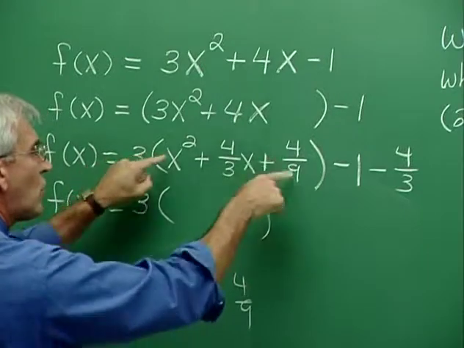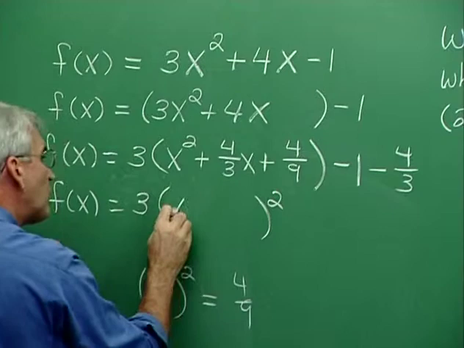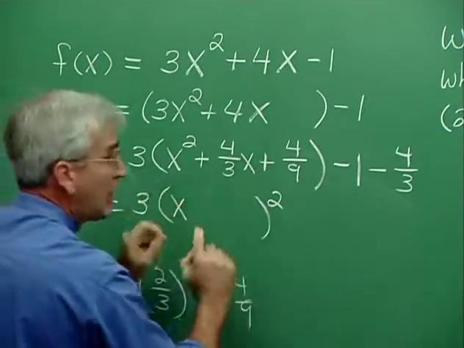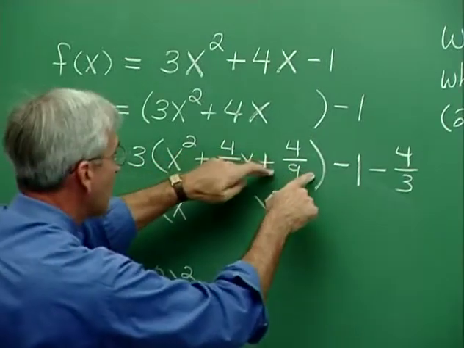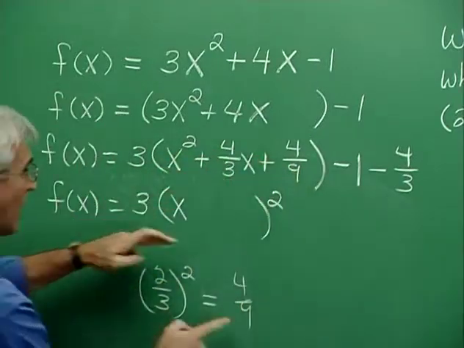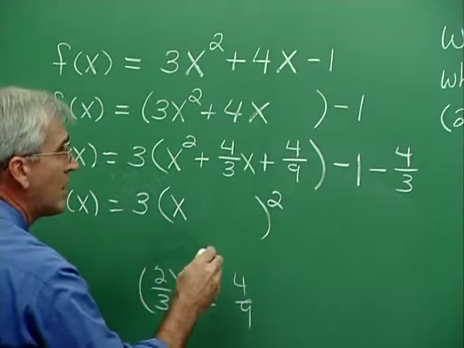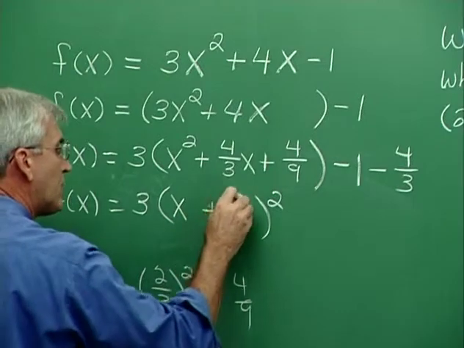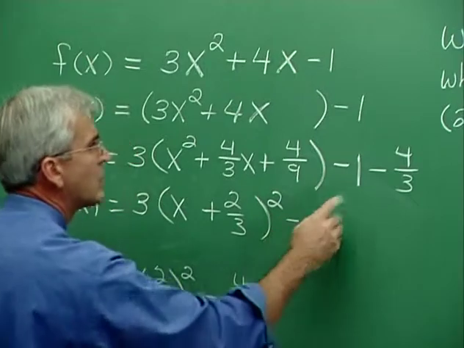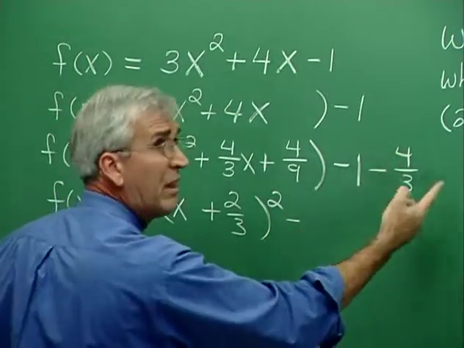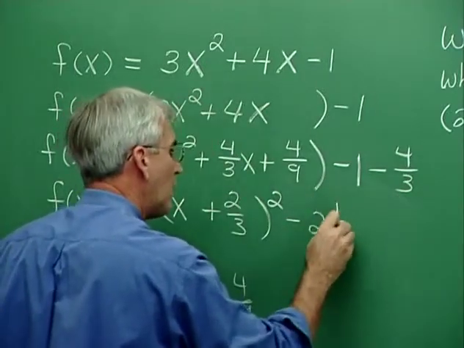And when you factor a trinomial square, you get the item that is squared to give the first term, and as the second term, you get the item that's squared to give that. Well, what was squared to get this? It was the 2/3 that was squared to give the 4/9. See, so it's kind of valuable sometimes to keep track of the amount being squared. So it's plus 2/3 squared, and then collecting here, this 4/3 is 1 1/3, so it's minus 1 1/3, that's minus 2 1/3.